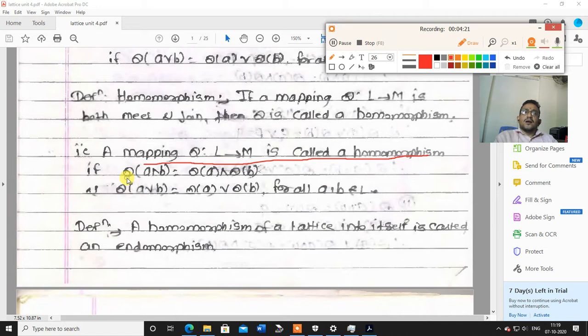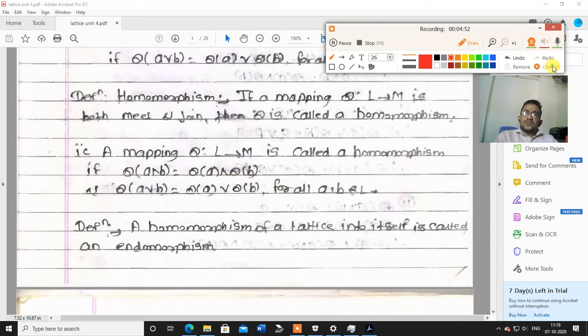First condition is theta of A mate B is equal to theta of A mate theta of B, and theta of A join B is equal to theta of A join theta of B for all the elements of lattice L. This is the mate homomorphism and this is the definition for join homomorphism. So a function is a lattice homomorphism when it is both a mate homomorphism and a join homomorphism.